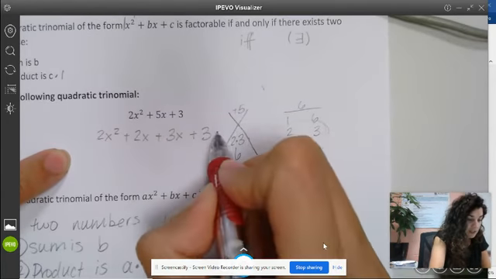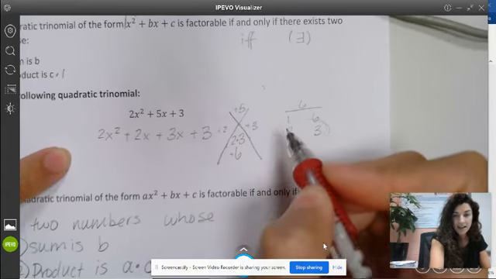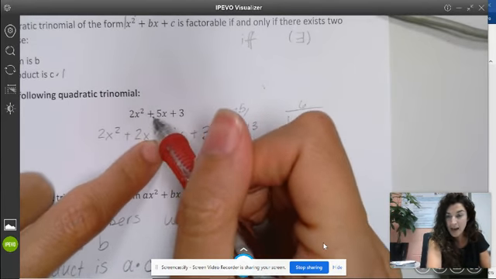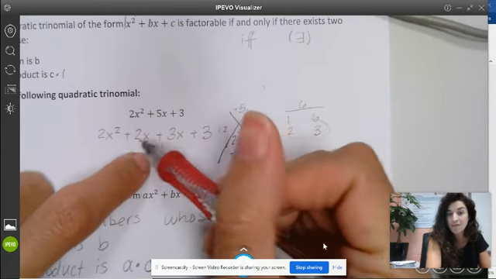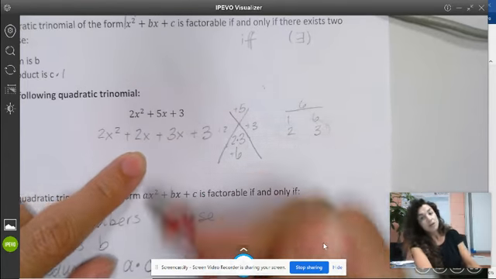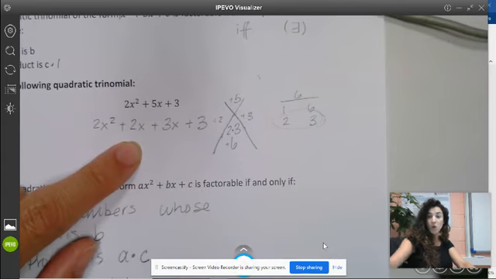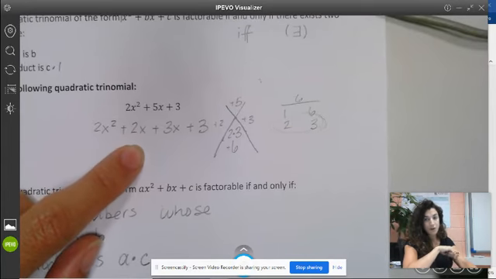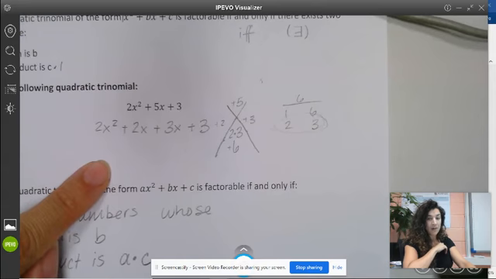I took these 2 numbers, plus 2 and plus 3, and separated out 5x into a sum of 2x and 3x. You do not have to have it in this specific order. It can be 3x plus 2x. That is also fine. It just might look a little different if you go through the process with me.